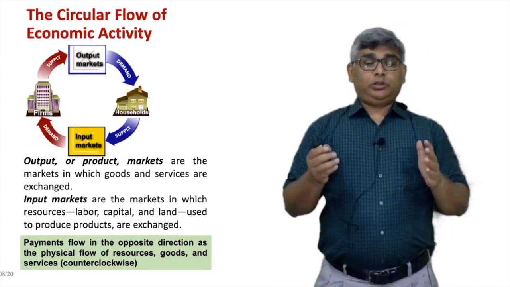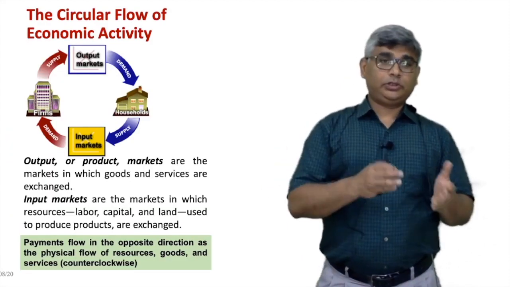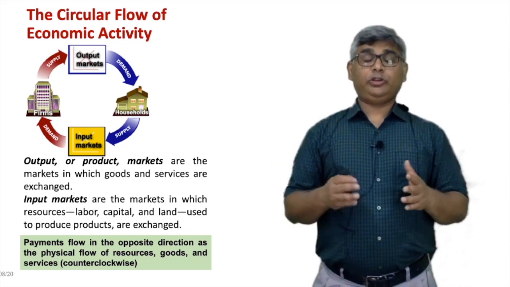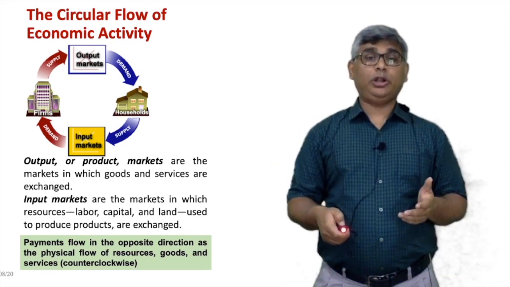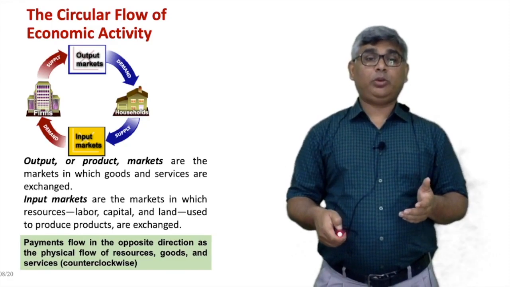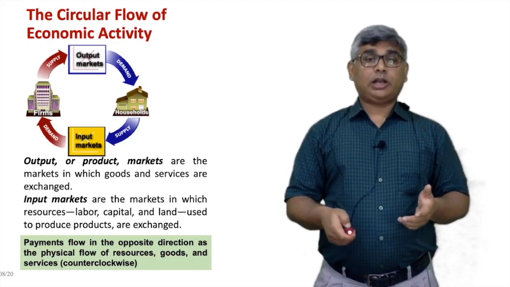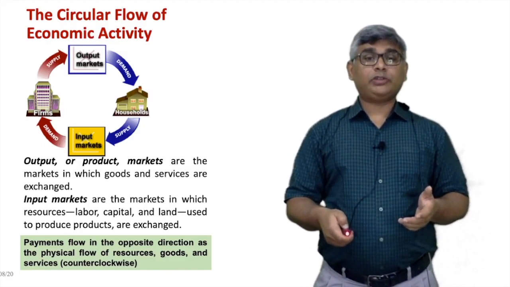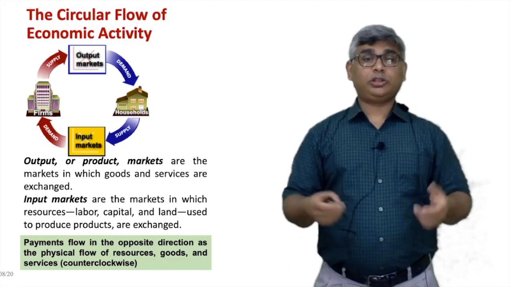Now, if we know the law of demand and the law of supply, let's see how generally we call this a circular flow of economic activity. We have two conditions. One is output markets, one is input markets. Output markets are the markets in which goods and services are exchanged, the products which are readily available.